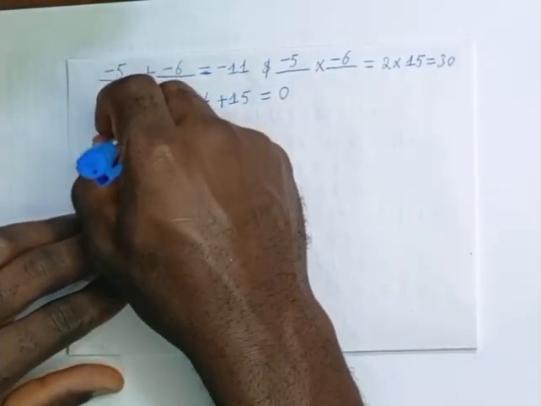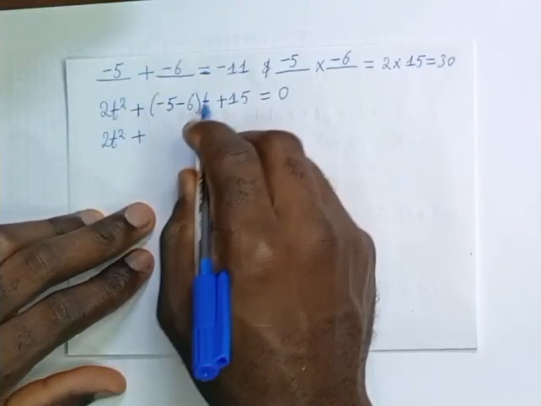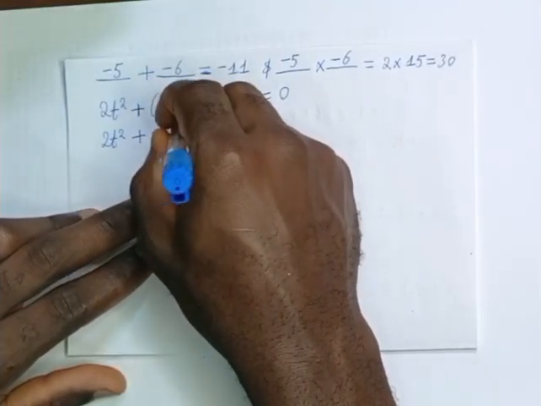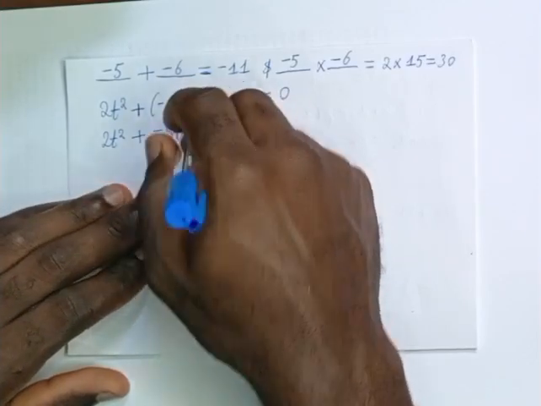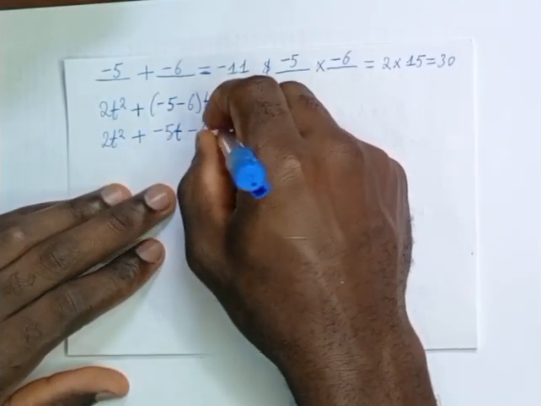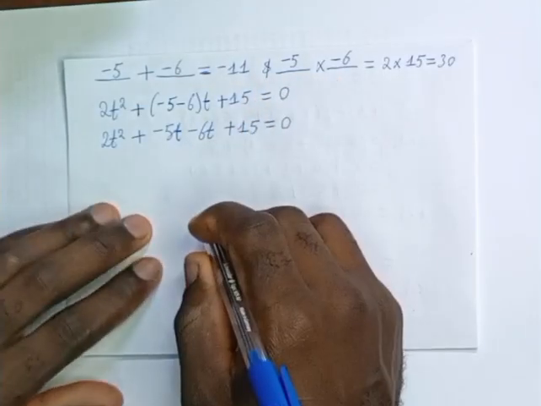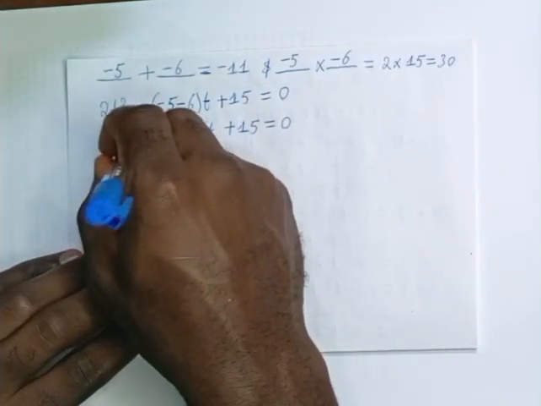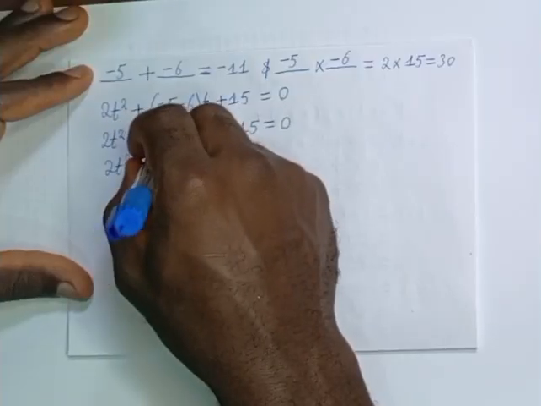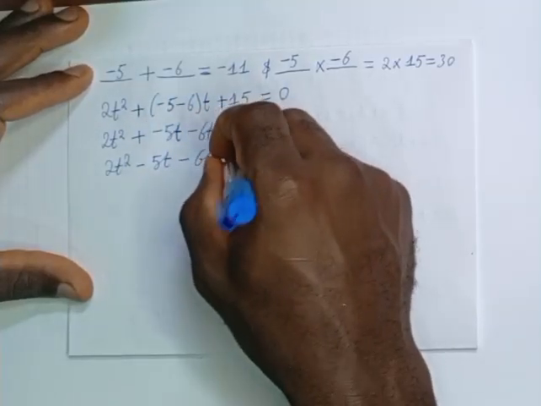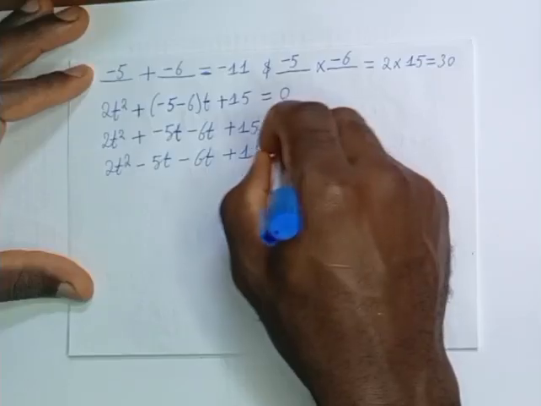We expand this bracket: negative 5 times t gives us negative 5t, negative 6 times t gives us negative 6t. This gives 2t² minus 5t minus 6t plus 15 is equal to 0.